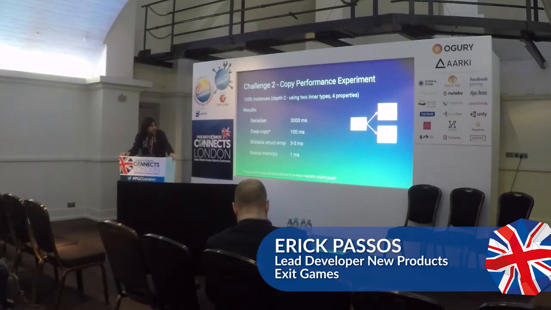The most naive way of copying this would be to serialize and then deserialize into another copy, which is of course not usable, but for comparison, that would take 3 seconds. Then if you implement a manual deep copy, you're much better. You can do that in 100 milliseconds. And for 1K instances, we're talking about 1 millisecond, so we might be good, because 100,000 units might be too much. But notice that this is a very, very simple and shallow game state. There's not much data in here.